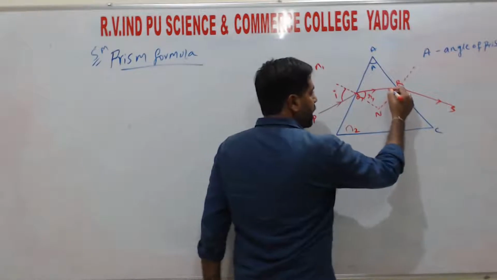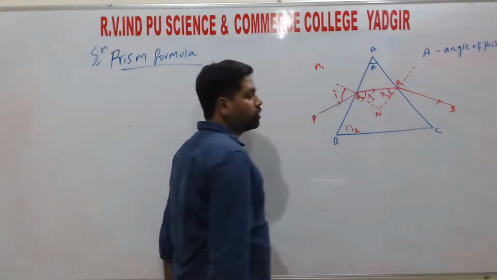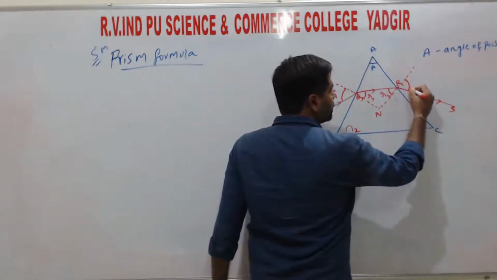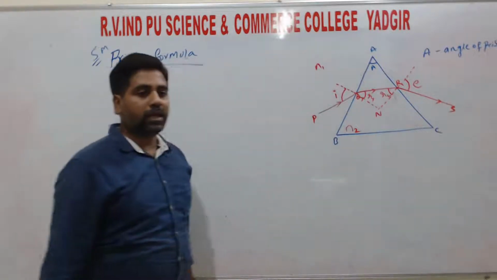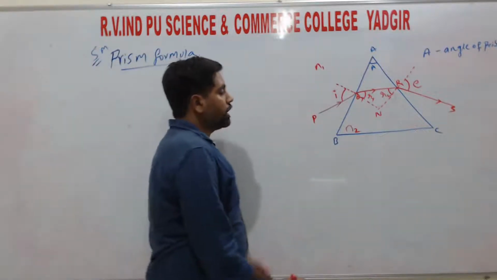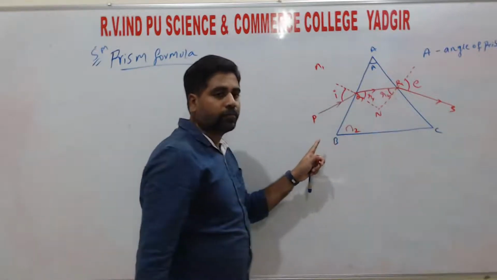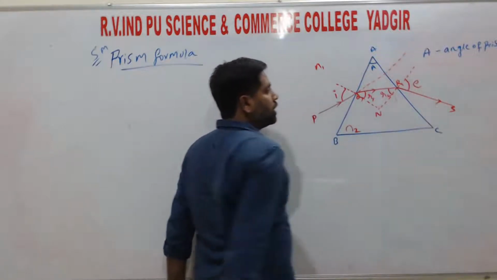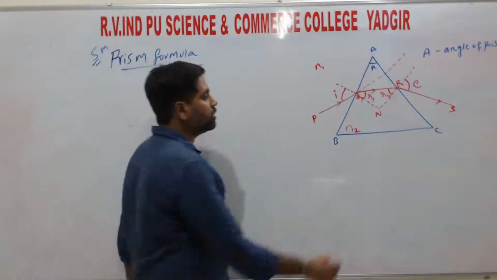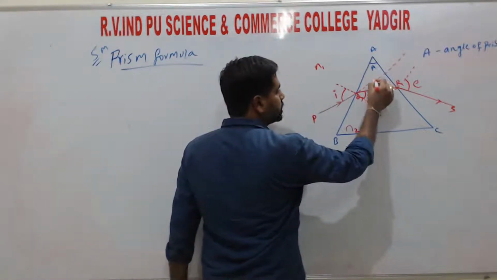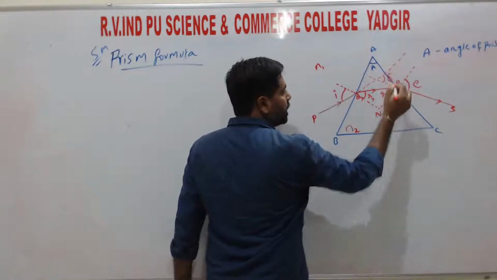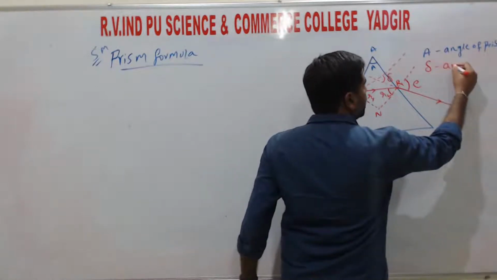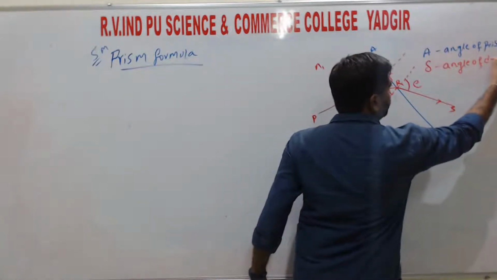Here we also have the angle of refraction R2. The emergent ray makes an angle with the normal, which we call the angle of emergence E. Now if this prism is absent, the incident ray PQ will follow a straight path like this. If we extend the emergent ray backwards, we get an angle, which is the angle of deviation. Delta is the angle of deviation.